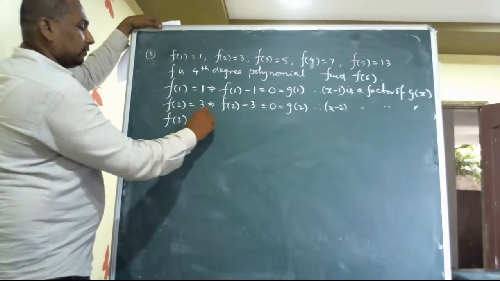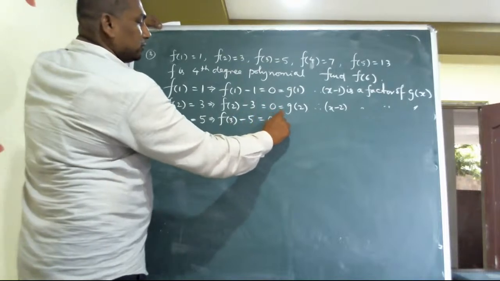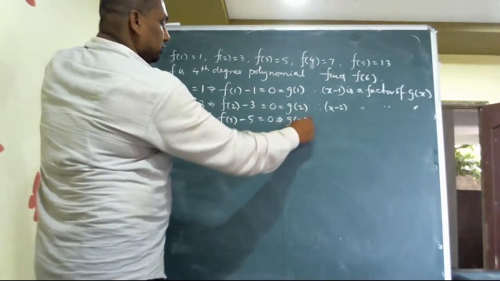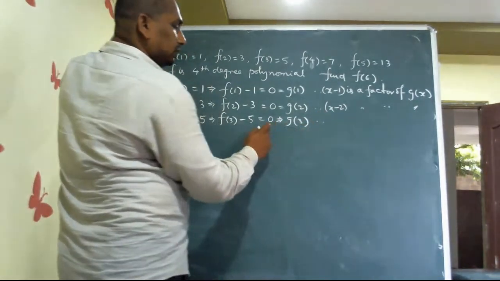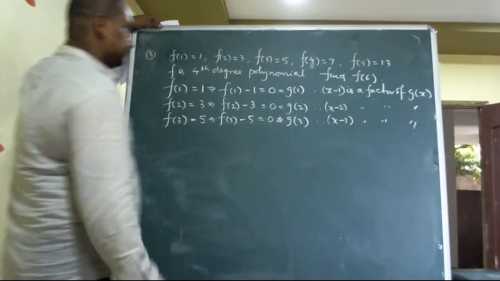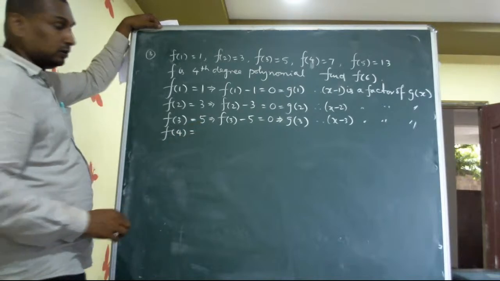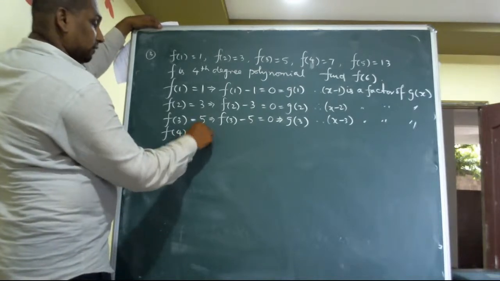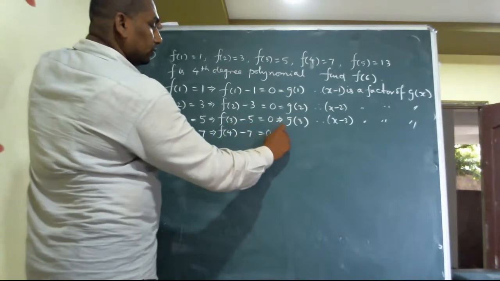F of 3 is equal to 5. So, f of 3 minus 5 is equal to 0. That is g of 3. So, therefore, g of 3 is 0 means x minus 3 is a factor of g of x. F of 4 is equal to 7. That implies f of 4 minus 7 is equal to 0.